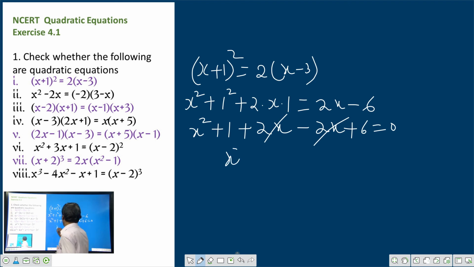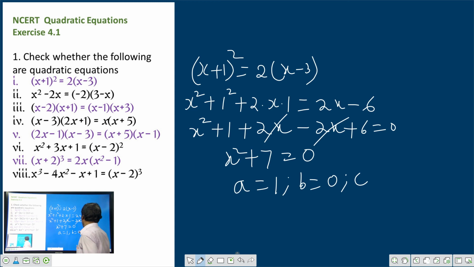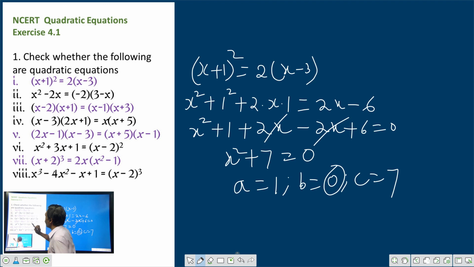What is our question? x square plus 7 is equal to 0. We are having a as 1, no x term, that's why b is equal to 0. a is equal to 1, b is equal to 0, c is equal to 7. Because the x term is missing, we write b as 0. So whether it is a quadratic or not, absolutely it is a quadratic one.